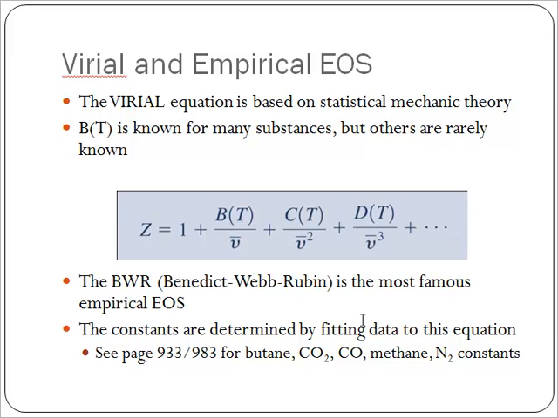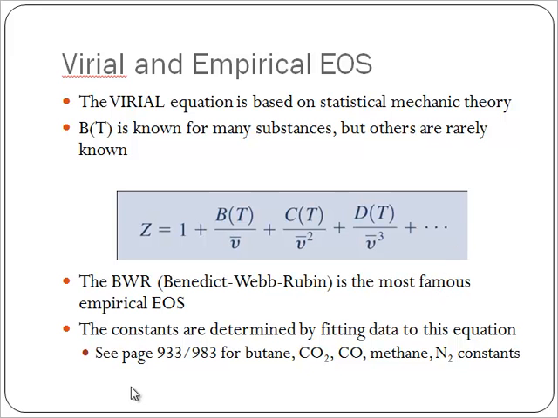But the empirical equation that is most often cited is the Benedict-Webb-Rubin equation. This one attempts to fit the virial equation to data. And it's been improved a little bit from this simple virial form, but essentially the Benedict-Webb-Rubin is an adaptation of the virial equation to fit real live data.